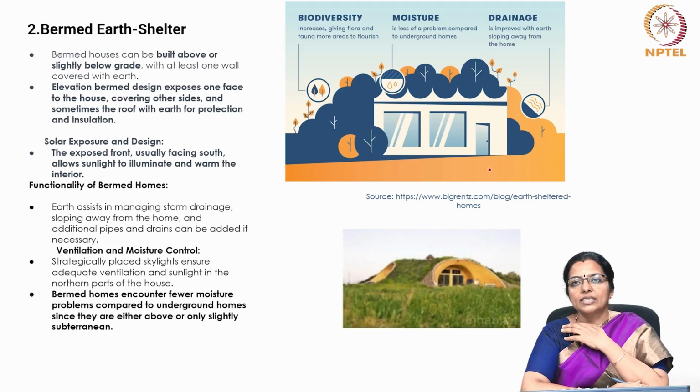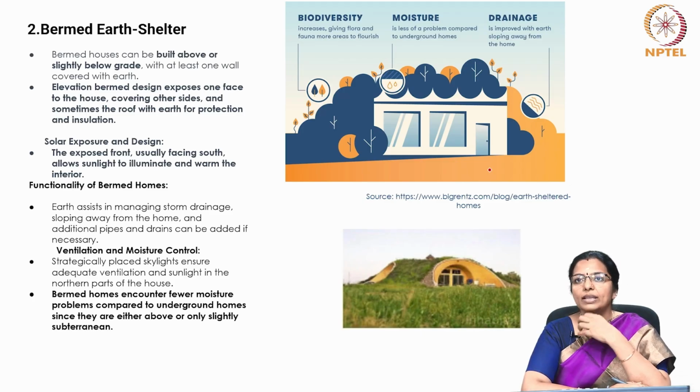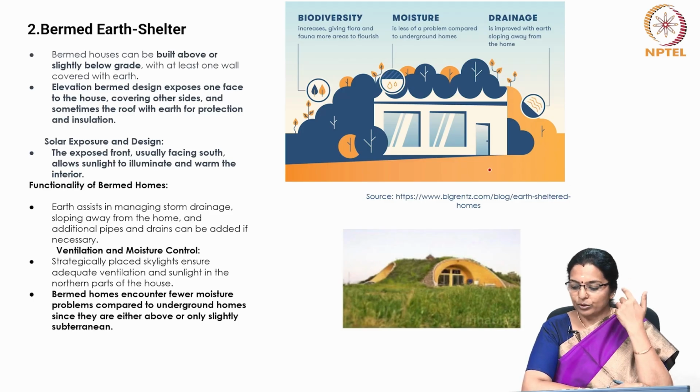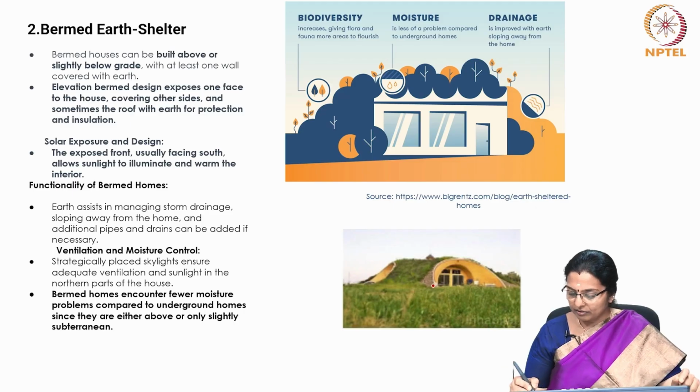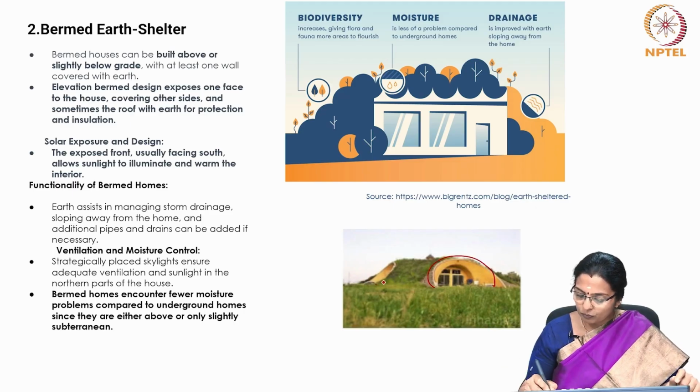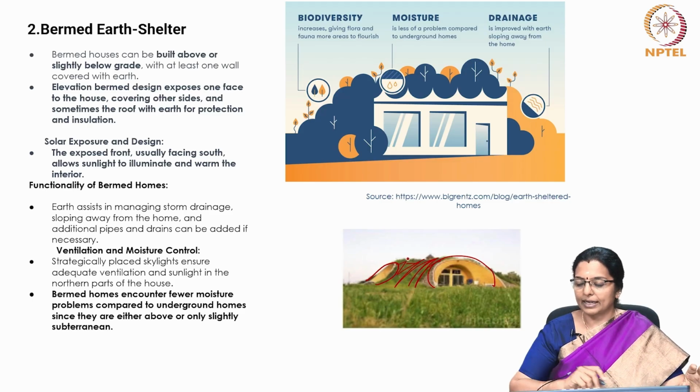The next one is a bermed earth shelter. Bermed houses can be built above or slightly below grade with at least one wall covered with earth. So, the entire building is not covered, but one or two walls can be exposed and the remaining part can be subterranean.